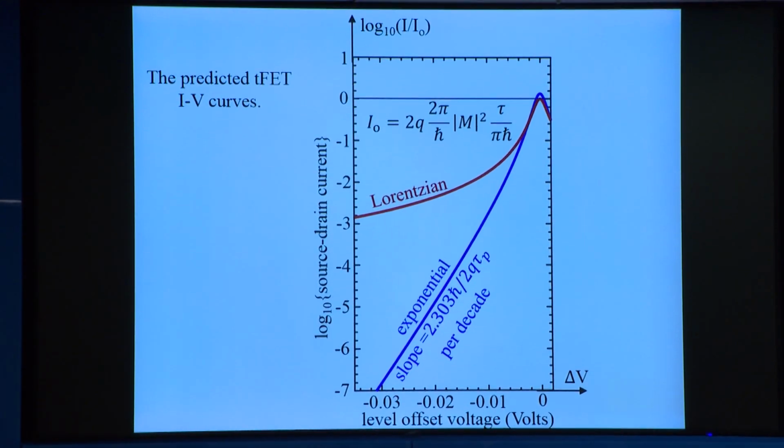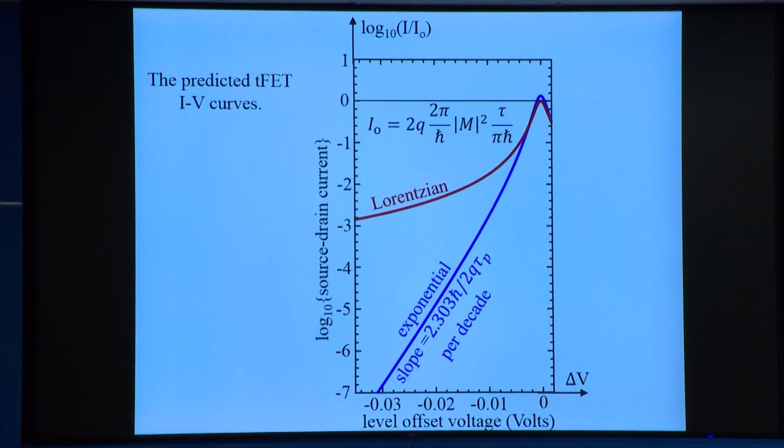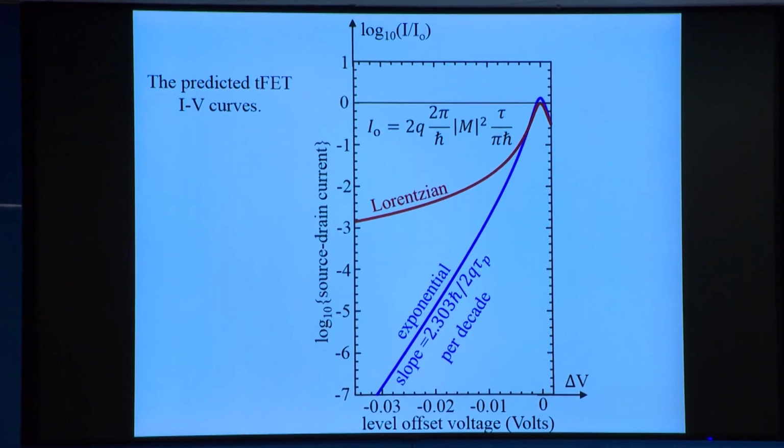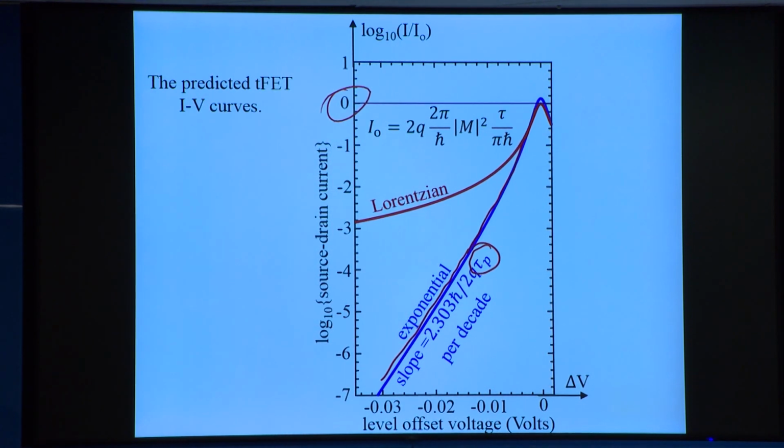At the end of the day, it has to be a transistor, so this is what the IV curve of the transistor would look like. You'd get the conductance quantum up here, and it would fall off sharply and follow the accepted figure of merit, which is millivolts per decade. And the millivolts would correspond to the second lifetime that's in the generalized, new Fermi's golden rule.